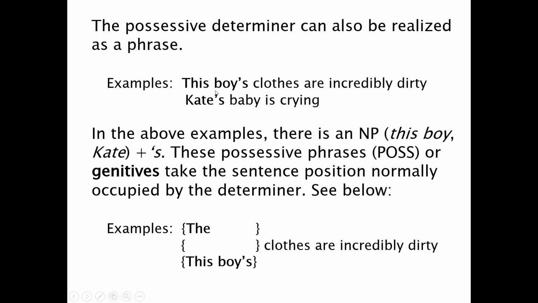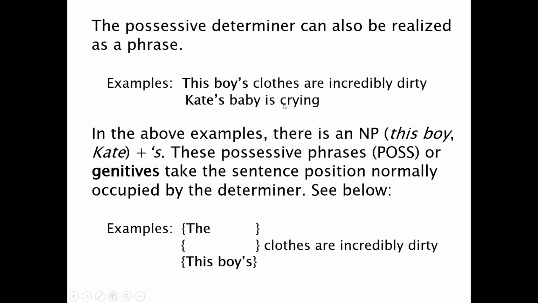That is a good question. Can I drop this? Can I drop the word boy's? I think yes. Because I can say the clothes are dirty or are incredibly dirty. Remember, we can drop this and we can drop this word.